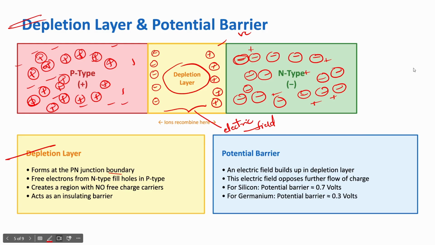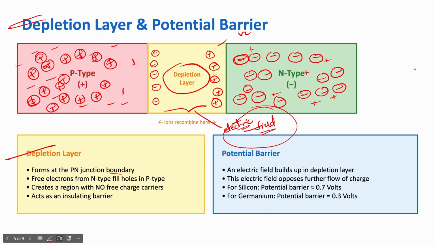At the depletion region, there will be a boundary. When there is a charge, there must be an electric field. This electric field opposes further flow of charge, so there can be no further flow of charge in this depletion layer.